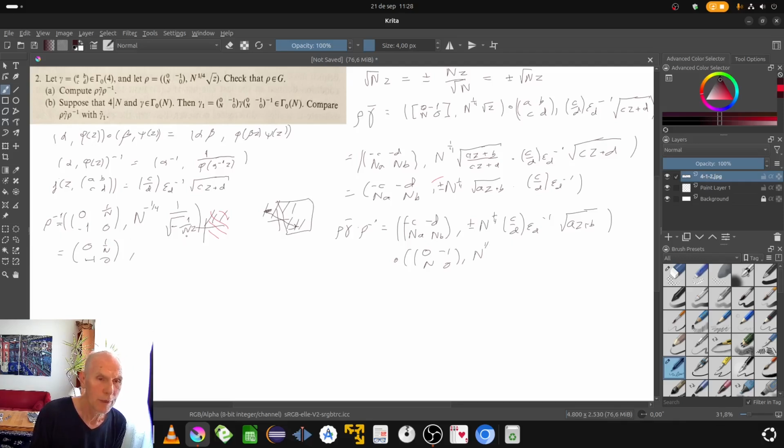And that gives the square root of n, and then the square root of z. This of course lies in H, so it's equal to this.